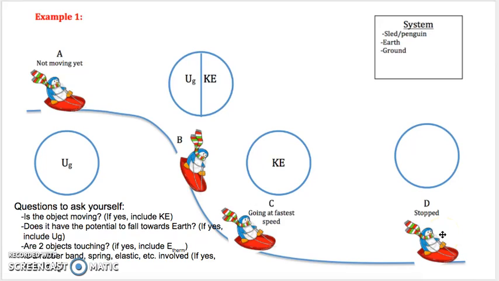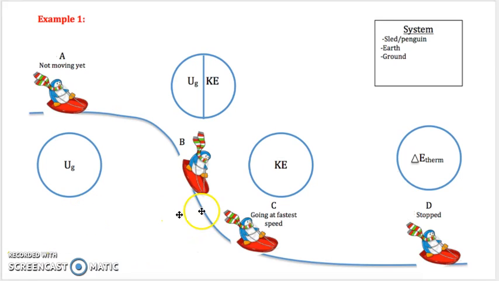Now snapshot D. The penguin has now stopped, so we know there is no kinetic energy. It's at the lowest point that it can get towards the center of the earth because it's now on flat ground, so there is no gravitational potential anymore. In this situation, we are going to say that all of the potential and kinetic energy that the penguin and the sled did have earlier on has now been changed over to thermal energy.